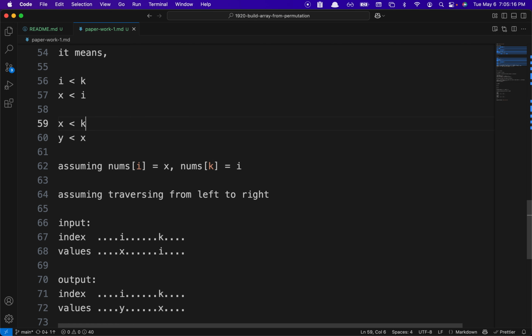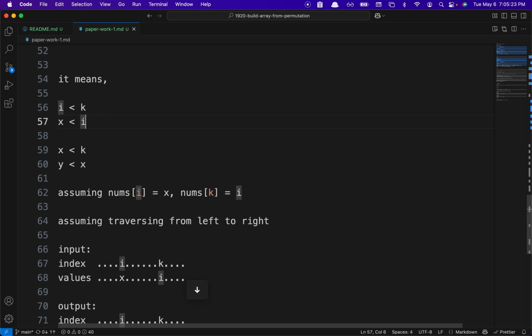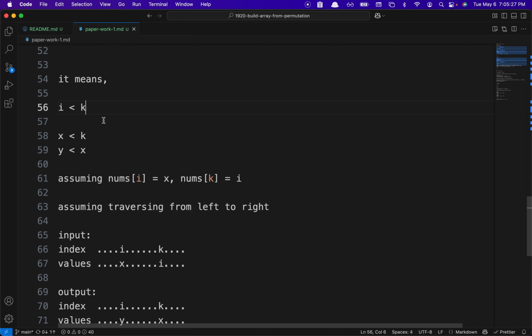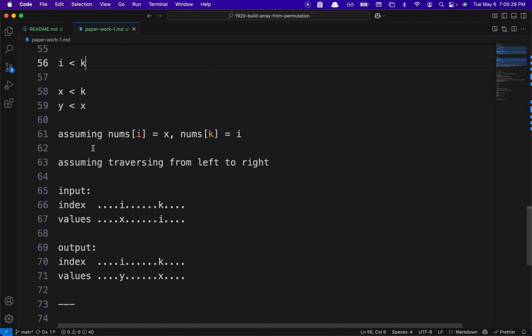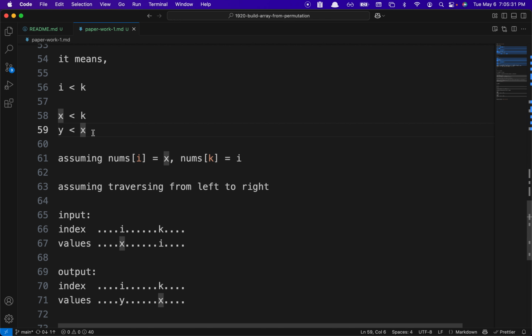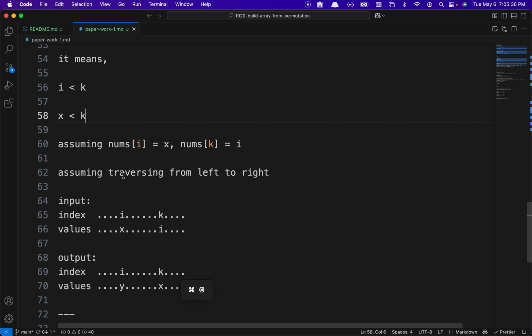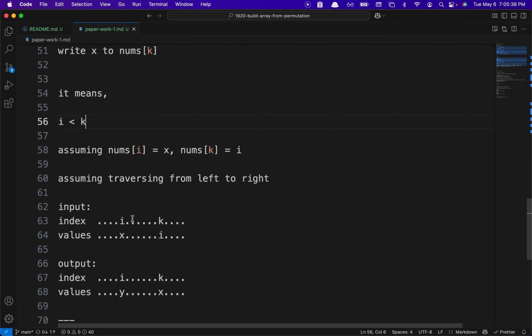Means I is less than k, x is less than I, and actually x doesn't have to be less than I. Index only is the thing. So I is less than k, and okay, so these values can be in any order. We're just looking at the indexes. I is less than k, that's all, right?